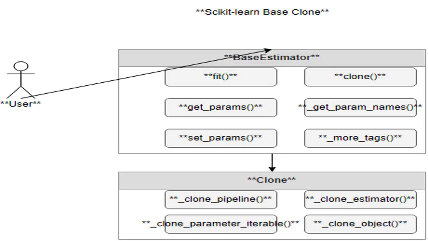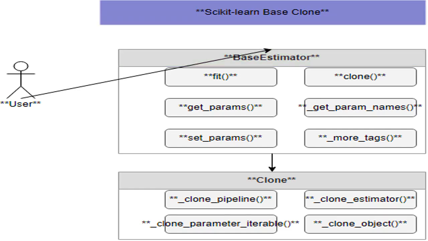The core cloning functionality within sklearn provides the foundation for cloning models and pipelines. Base estimator relies on clone utilities. The base class for all estimators in sklearn defines essential methods for model training, parameter management, and cloning.